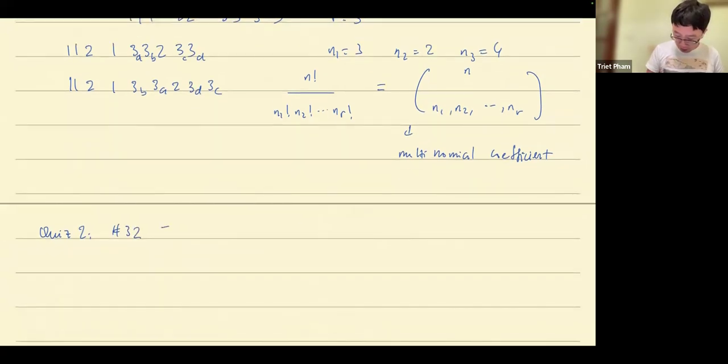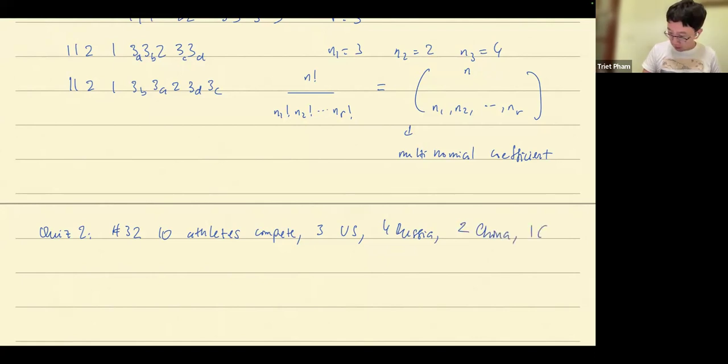It says 10, let's say weightlifters, whatever, but let's just say athletes, compete: 3 from the US, 4 from Russia, 2 from China, and 1 from Canada.